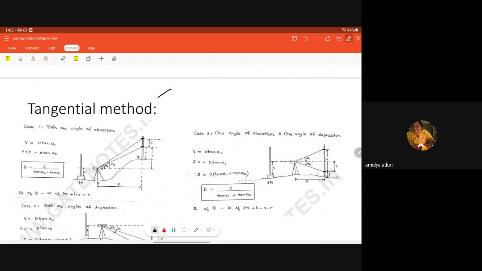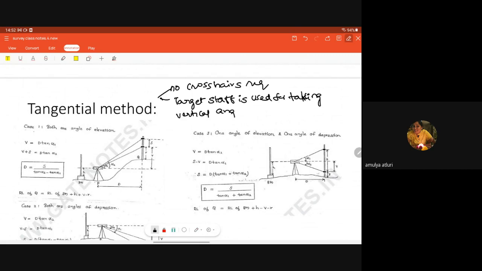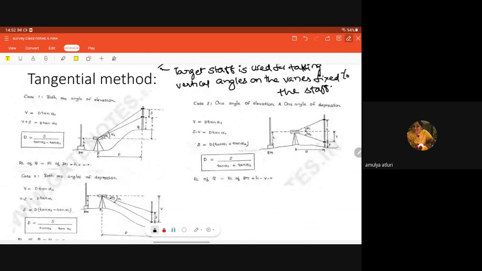Got it? So this is the tangential method.